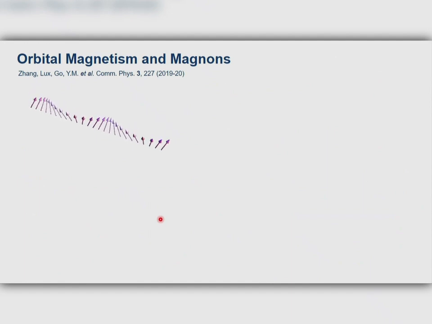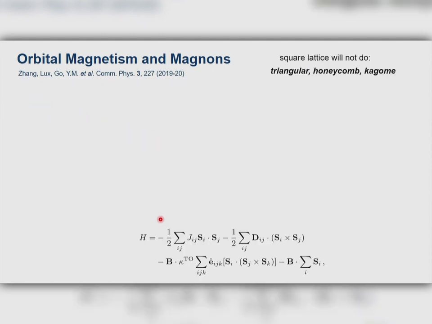Now, let's take a collinear magnet, and let's send a magnon there. So naively, we would think that, in principle, nothing should happen, so the chirality should not be created. But this is only true for a square lattice, or for a lattice of very high symmetry.